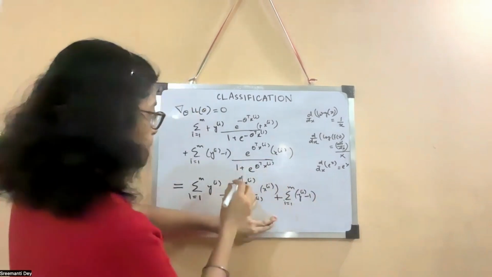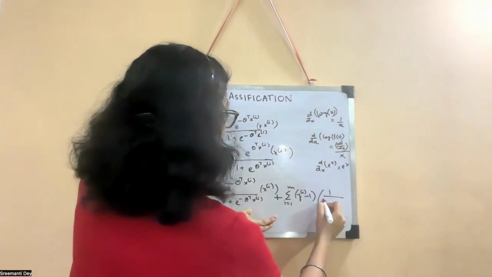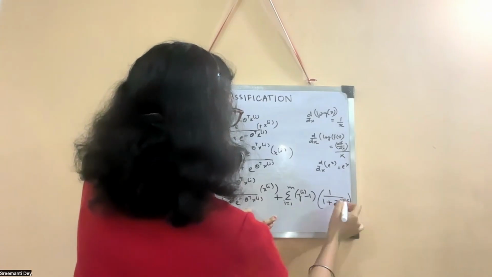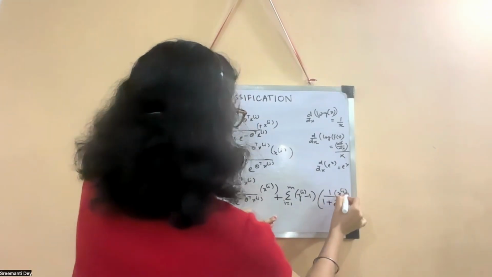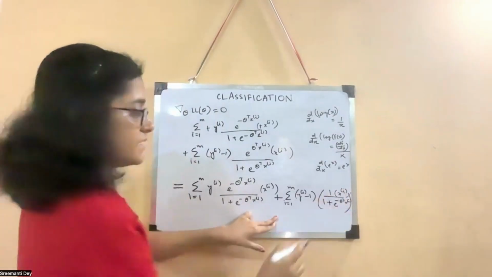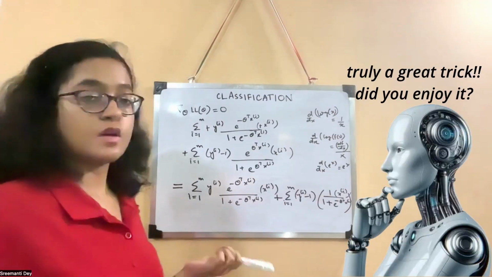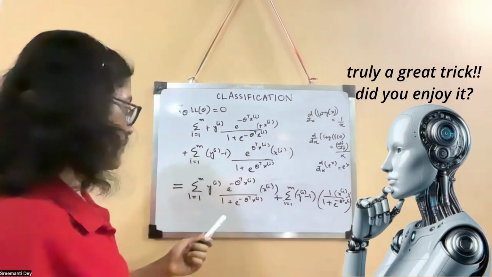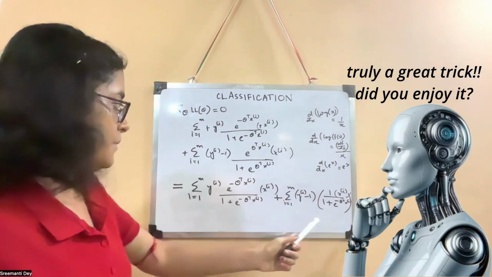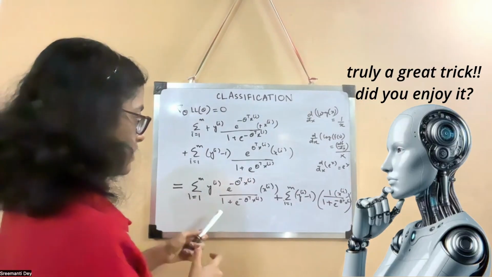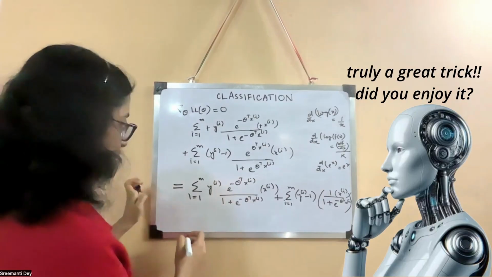Let's do this one. What is this going to look like? 1 by 1 plus e to the power minus theta transpose xi. Correct? You got it? This is a very neat trick that we use, and it solves most of the problems, as you just saw. So now we have the same denominator. We can combine these two terms. So let's do that.